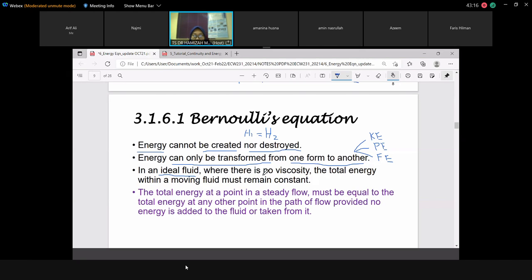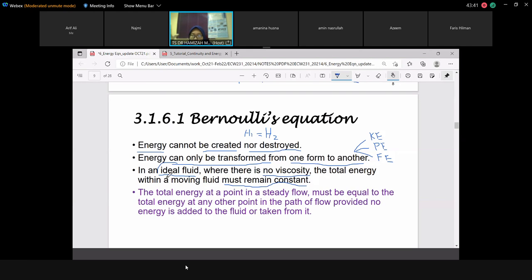Okay, maksud kat sini, there is no loss of energy dekat setiap tempat ni. Okay, total energy dia akan remain constant bila kita consider as ideal fluid, maksud dia, dia tak ada viscosity, iaitu viscosity sebelum ni you belajar it is a friction.